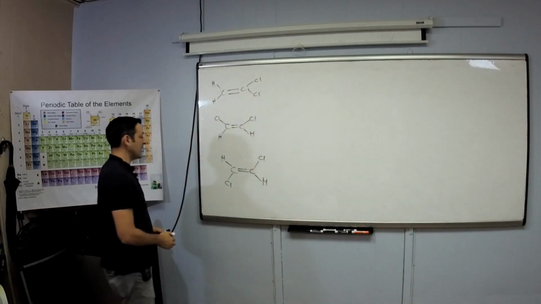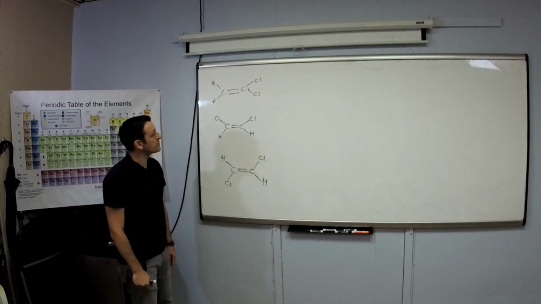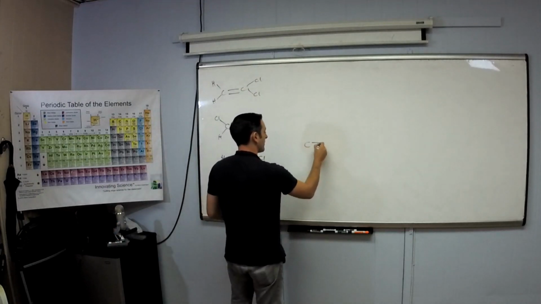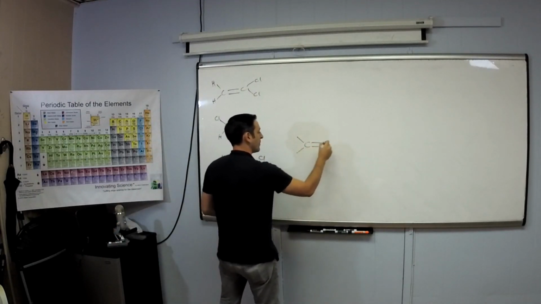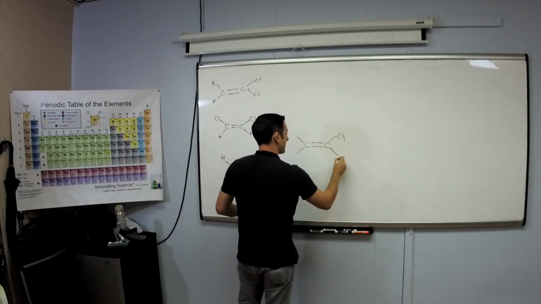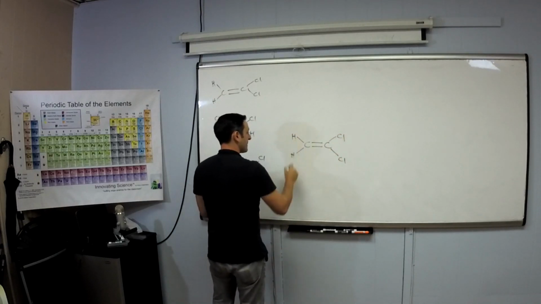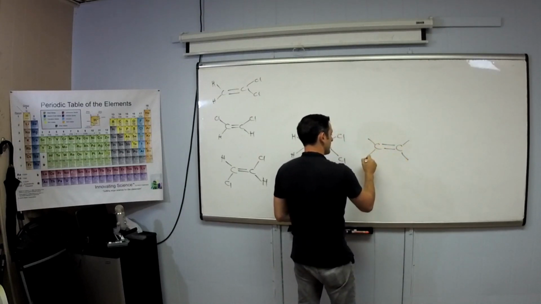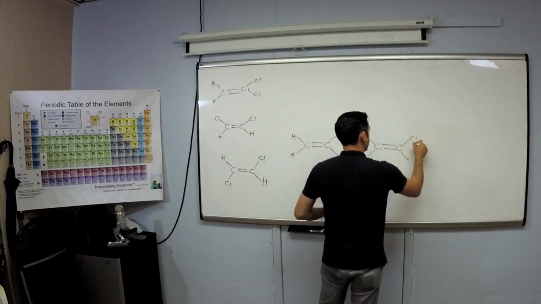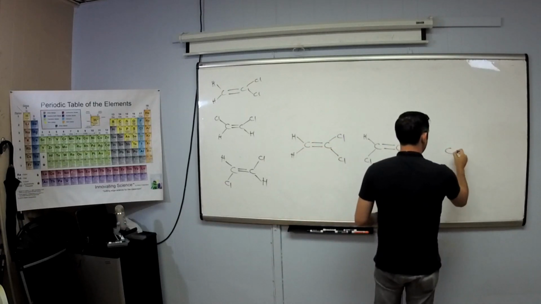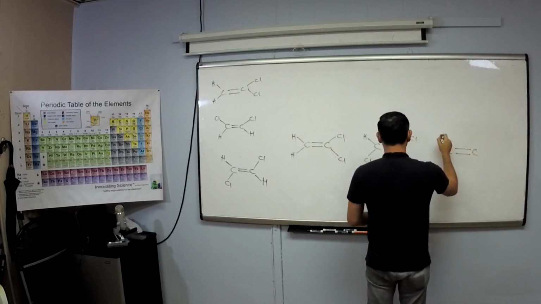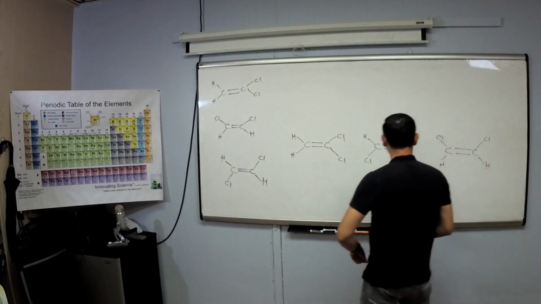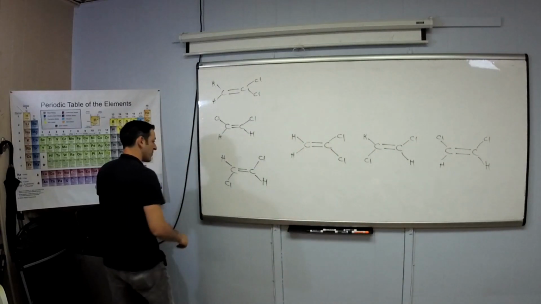Here you've got three compounds. They are alkenes. And these three alkenes, let me draw them a little better. There are your three alkenes.